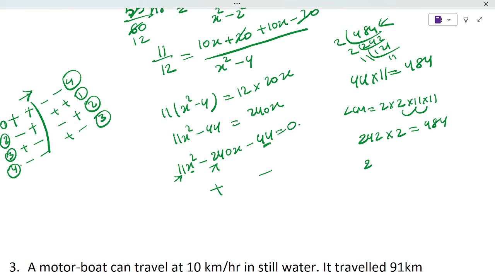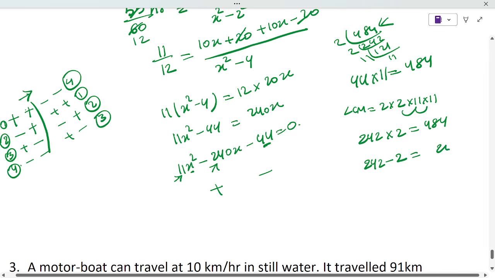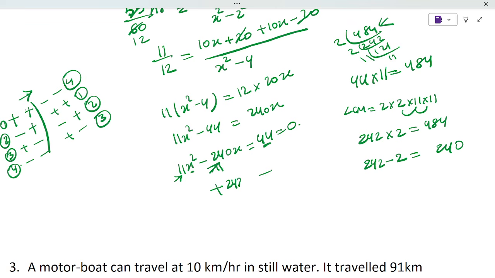Between these same numbers 242 and 2, it is minus, so we need 240, which is the middle number. The biggest number is 242, then you write it on the left hand side. The remaining one is 2.